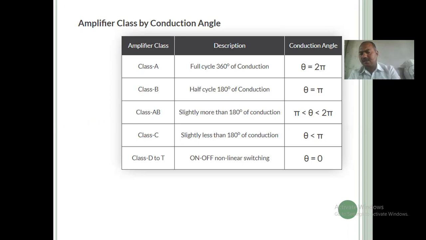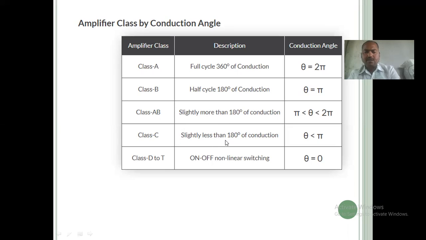The reason is that one of the important things for a class AB amplifier is that it should work for greater than 180 and less than 360 degrees, so that one problem, the problem of crossover distortion, that comes with a class B type of amplifier, should be eliminated.